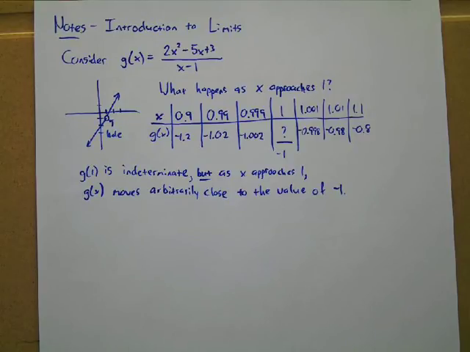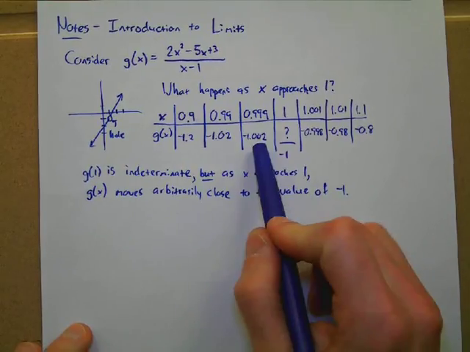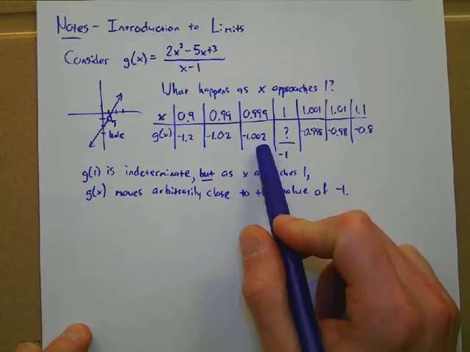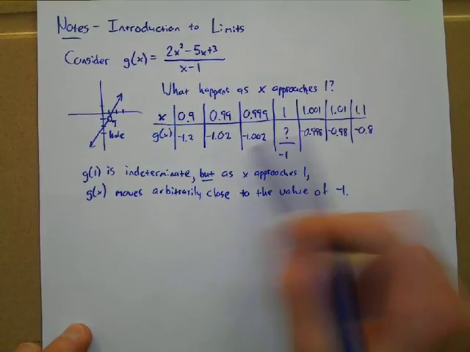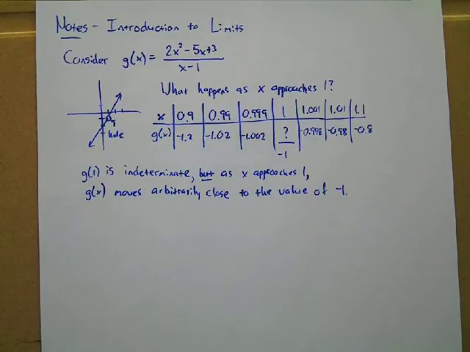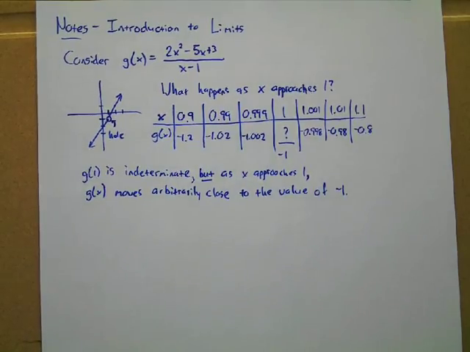Yes, they're close, but they're still off by 0.002 in each case. So you can't really say it's negative 1. They're off by a certain amount. And so when it comes to arbitrarily close, you can tell me, Mr. Widmeyer, I would need you to get so close that you would need to be within 1/1,000,000th of 1 and negative 1.